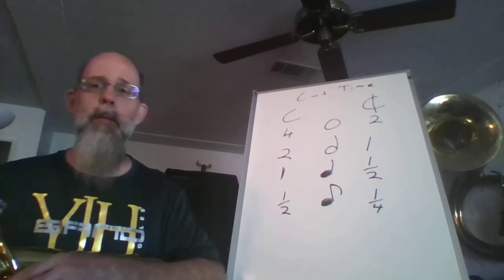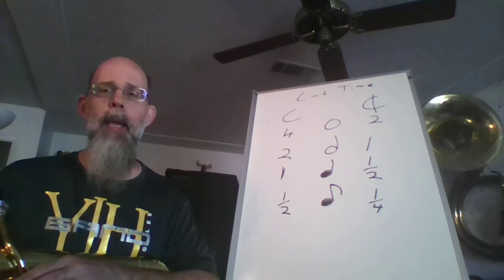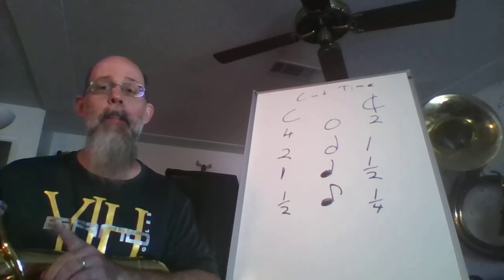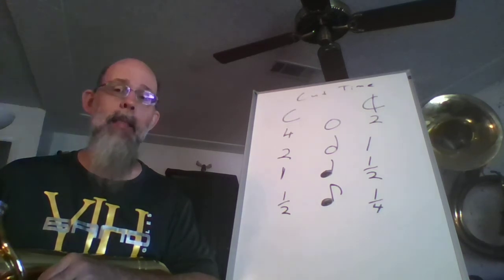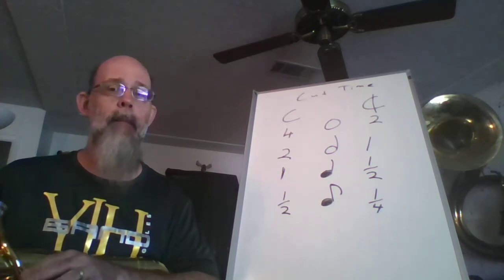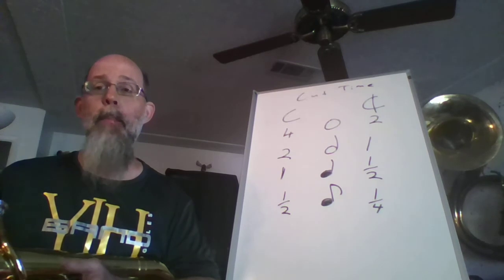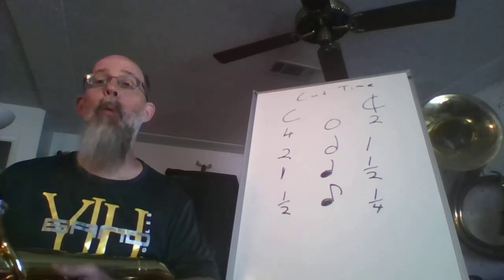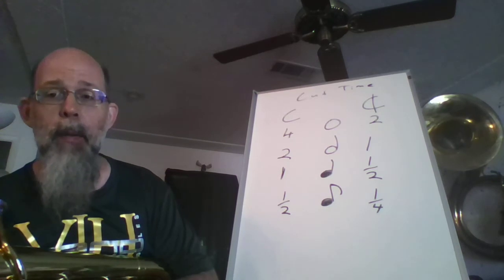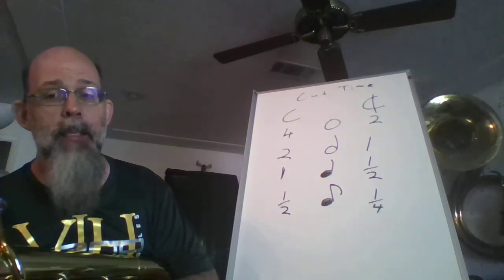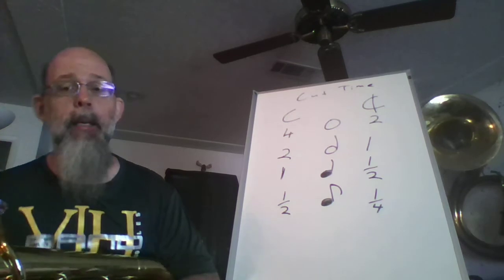Now in cut time, your half note will now feel like a quarter note. Your quarter notes are going to feel like you're playing eighth notes because everything is cut in half. So essentially everything is going to be played twice as fast. So when you play your concert B flat scale now, at the same tempo, it's going to sound twice as fast.